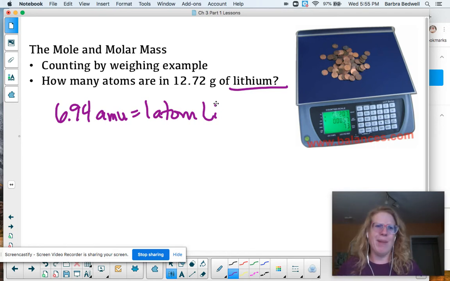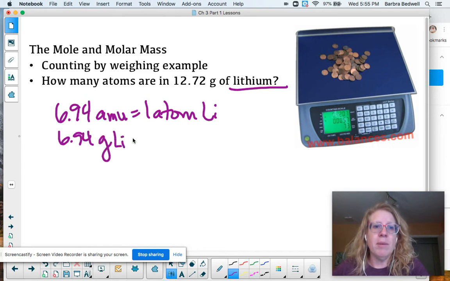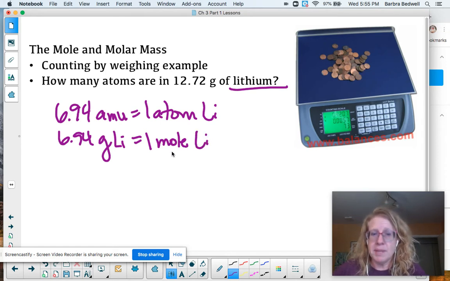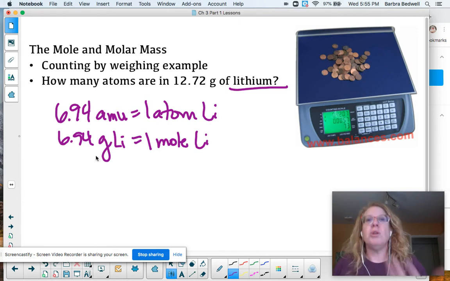Who needs 1 atom of lithium? Like, really? Or we can say it more usefully, 6.94 grams of lithium equals 1 mole of lithium atoms. So again, this is a much bigger pile, 6.022 times 10 to the 23rd atoms of lithium, but 1 mole of lithium weighs that mass in grams.